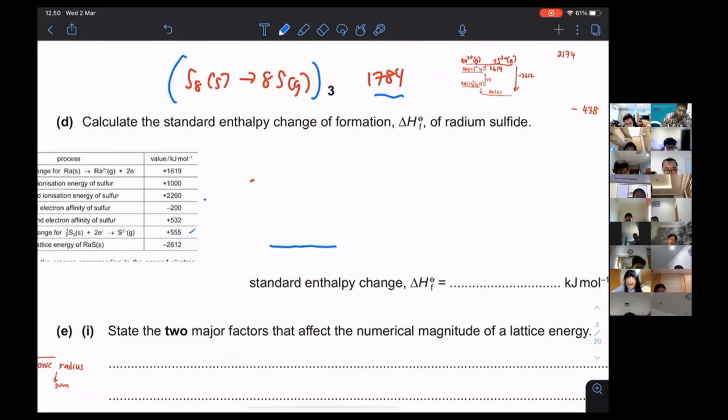I know radium sulfide is actually formed from radium, which is going to be solid, and sulfur, which is S8. So half S8 must be in solid form also. So they use the solid form. So once you have this, half S8.